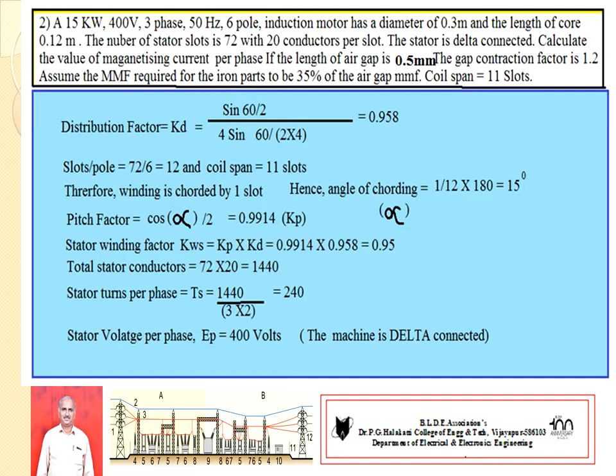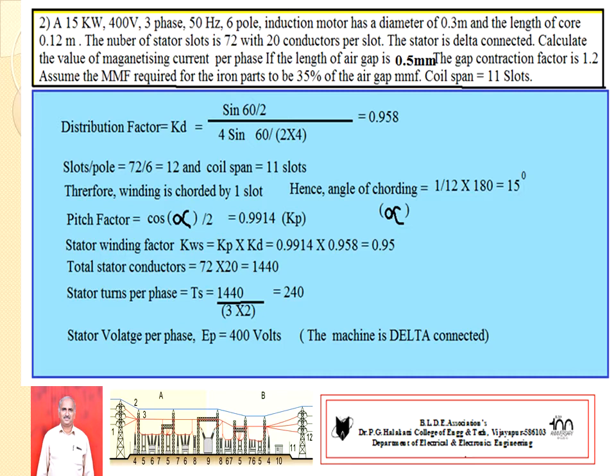Then total number of stator conductors equals stator slots into conductors per slot. So this data is available. We substitute, we are going to get 1440. Once you get the stator conductors, then you determine stator turns per phase, TS, that is total number of conductors divided by 6.